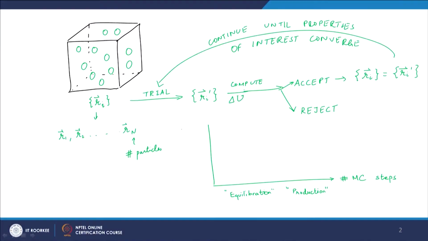That means it may have very high energy. We first bring it down to lower energy, close to equilibrium, and then look around that particular value and see what is the ensemble average of, say, the end to end distance or the gyration radius that I am interested in.